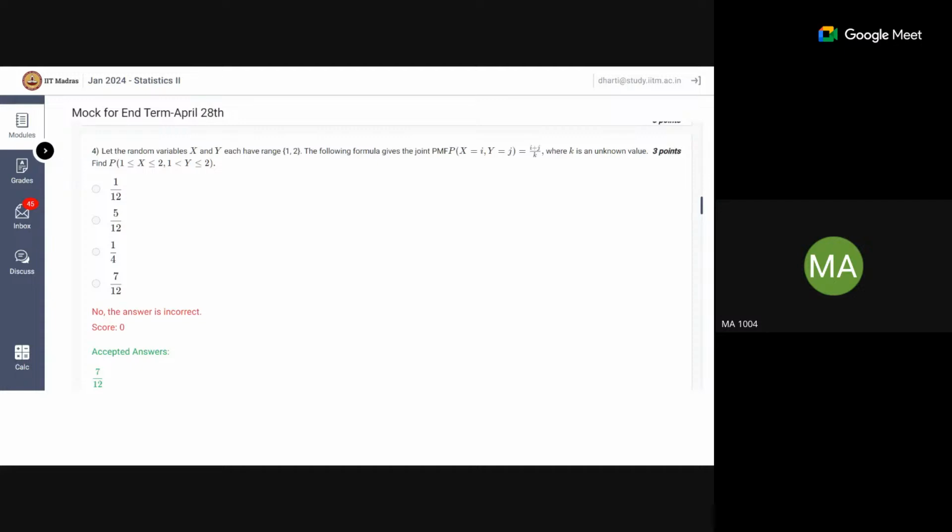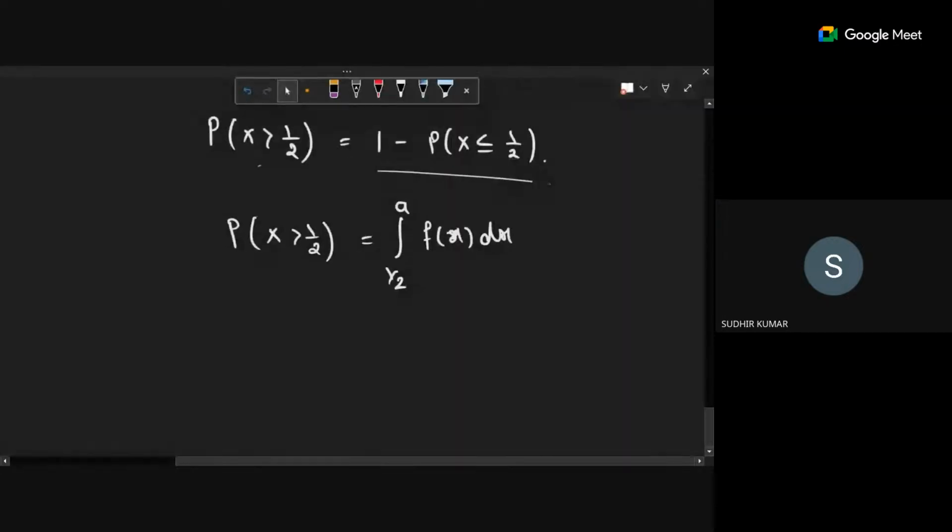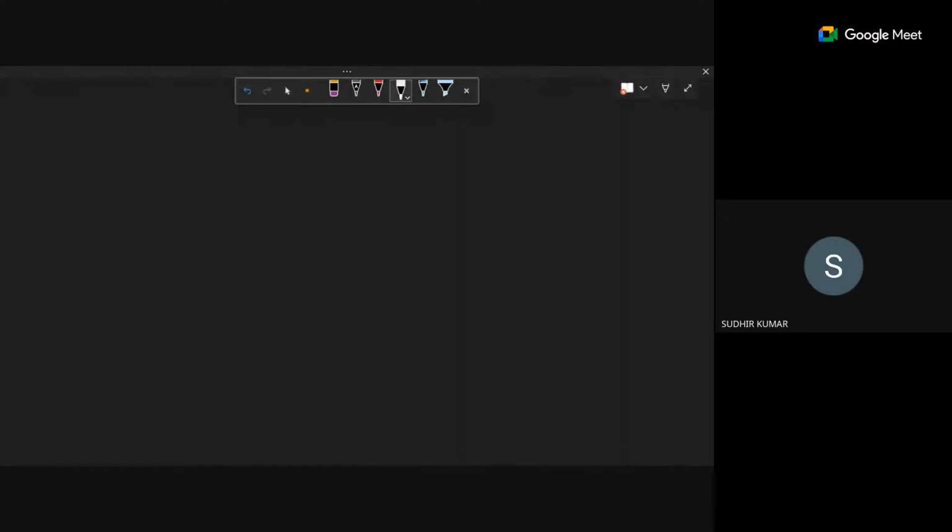Find the probability that x is lying between 1 and 2, and y is greater than 1 but less than or equal to 2. So, how to do this kind of question? First, we will find the table, then find k, and in that range you can go.